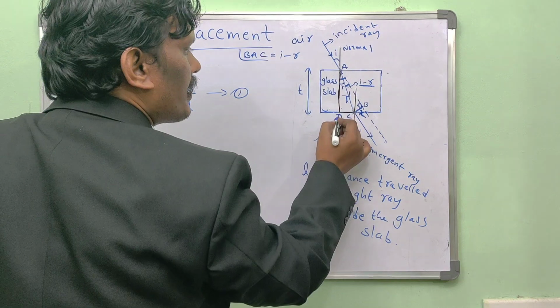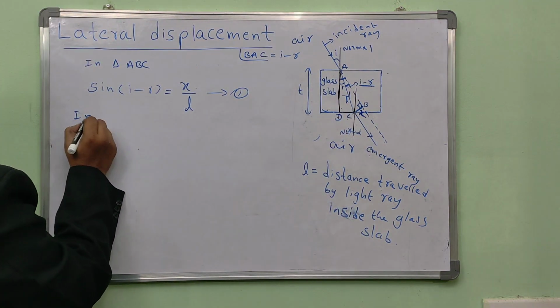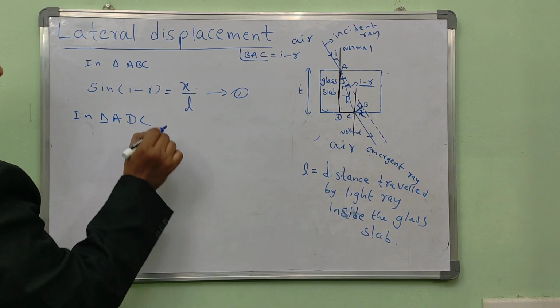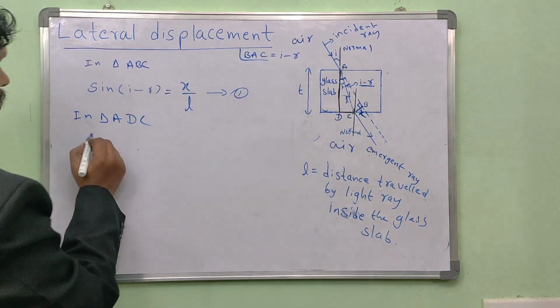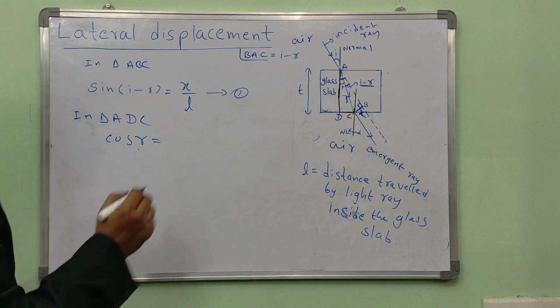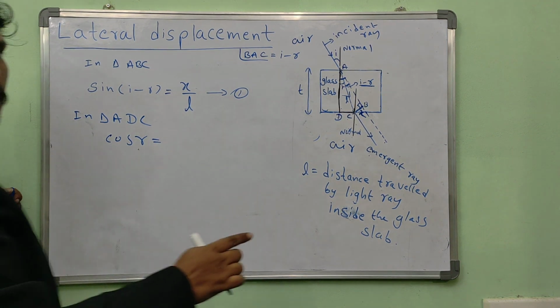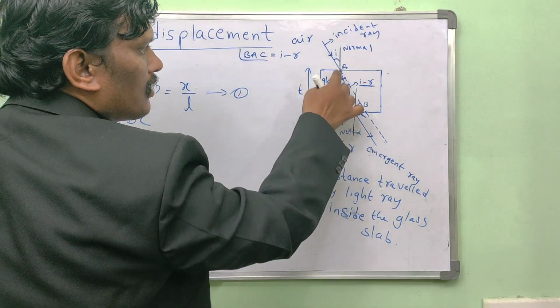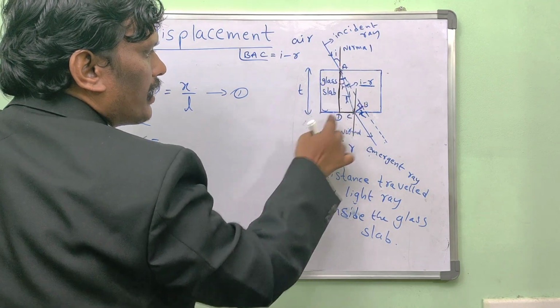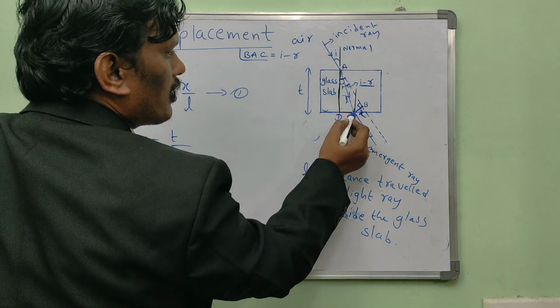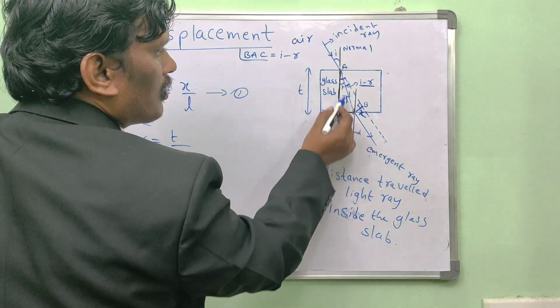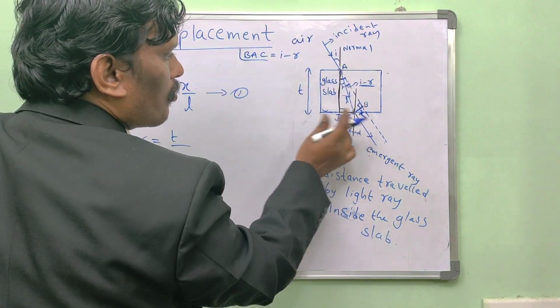So in triangle ADC, calculate cos R. Cos R means adjacent side by hypotenuse. The adjacent side is AD, which means thickness. Hypotenuse means AC, because this is the 90 degrees and AC is the side opposite to 90 degrees.